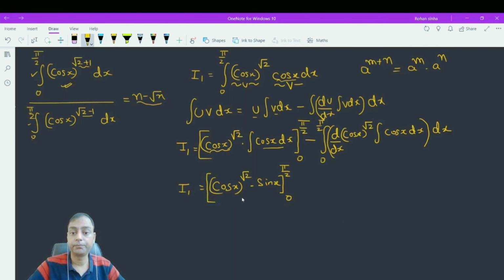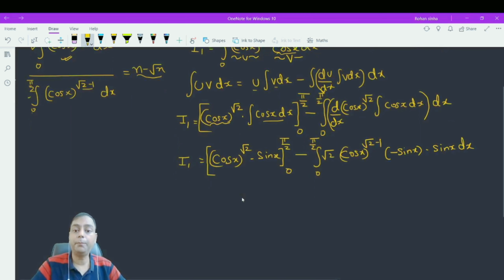And for the second part, by using the chain rule, we get from 0 to pi by 2 the integral of root 2 cos x raised to root 2 minus 1, and d by dx of cos x is minus sin x, into sin x dx. Now putting the upper limit and lower limit, cos pi by 2 is 0 and sin 0 is 0. So in I1, this first term is 0.